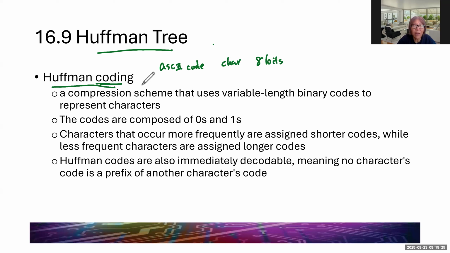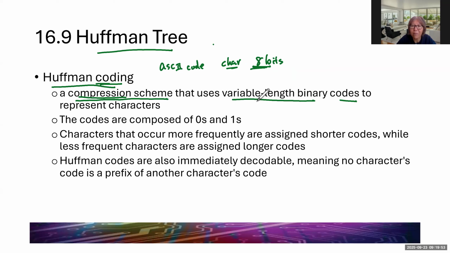Huffman coding is another scheme, kind of a compression scheme. For ASCII, each character is 8 bits, no matter whether it's frequently used or not.